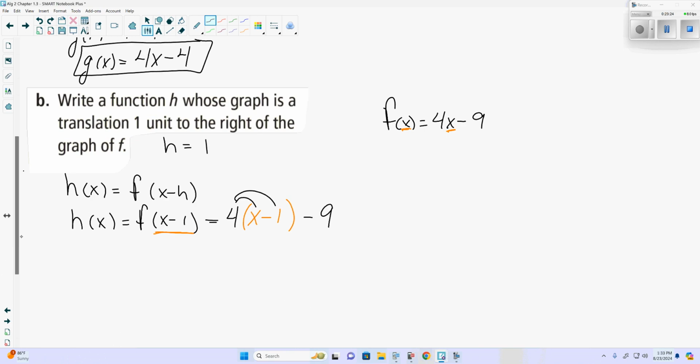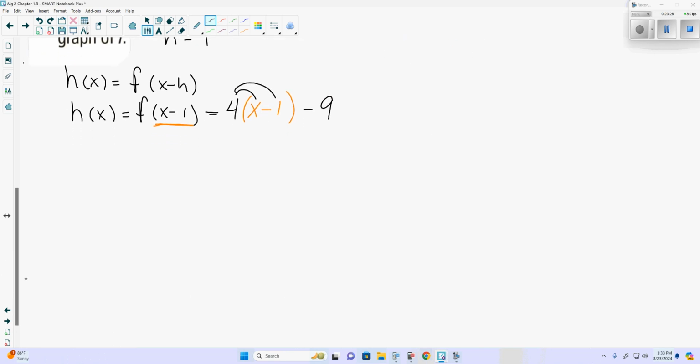Okay, yeah, it is minus 9. Our 4 times x is 4x. 4 times negative 1 is negative 4 minus 9.